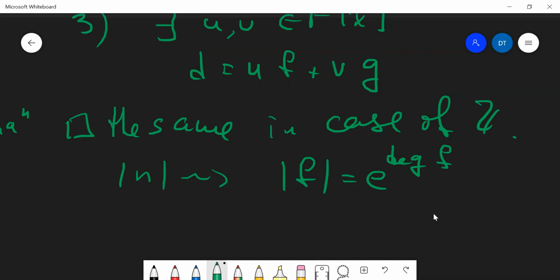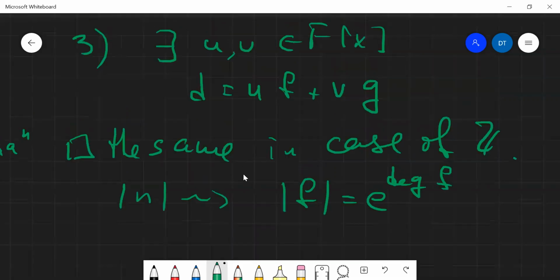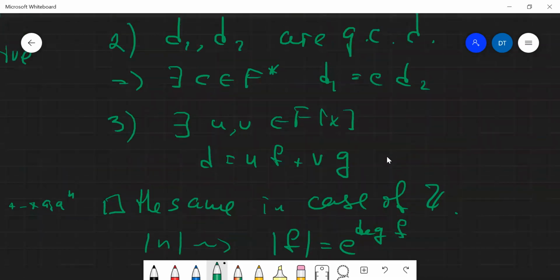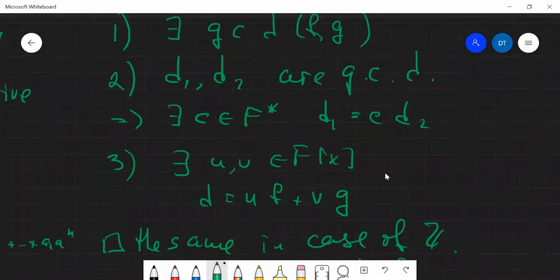And this formula explains why you want the degree of the zero polynomial to be minus infinity, because in this case, the module of the zero polynomial is exactly 0. Using this notation, you just repeat the proof for integers, and you will get exactly the same result for the polynomials. So probably it's not worth doing it here.